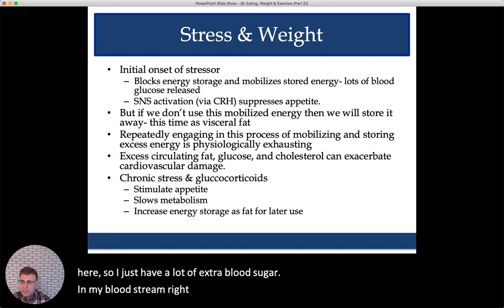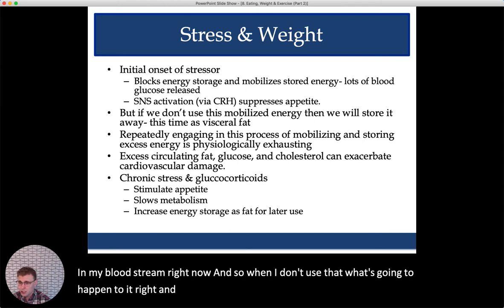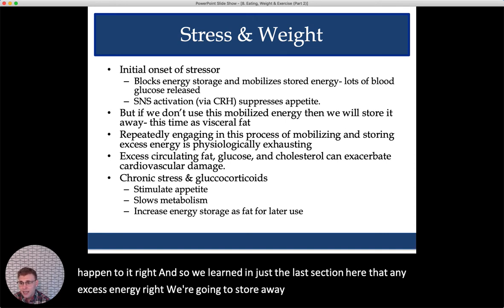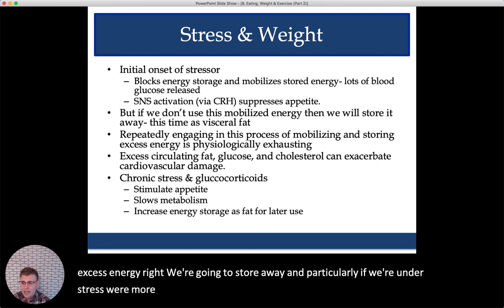And so when I don't use that, what's going to happen to it, right? And so we learned in just the last section here that any excess energy, right, we're going to store away. And particularly if we're under stress, we're more likely now to restore that excess energy as fat, particularly visceral fat on the abdomen.